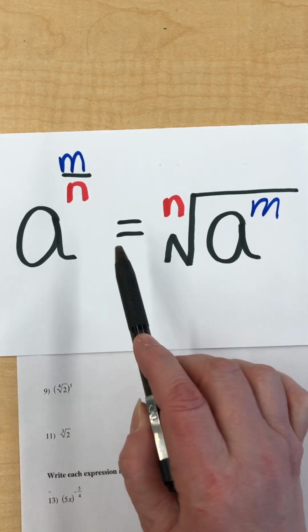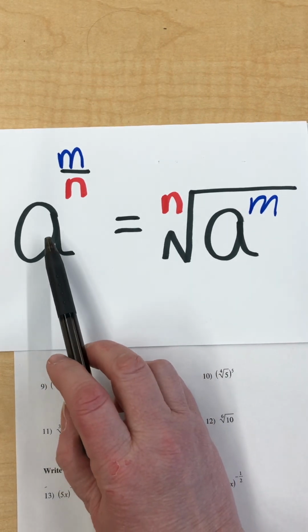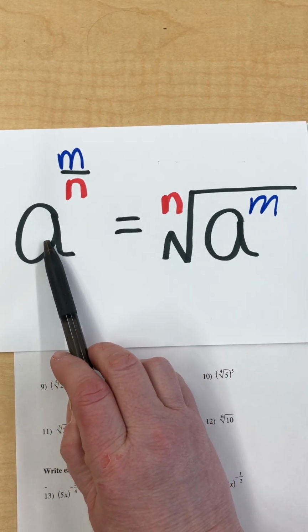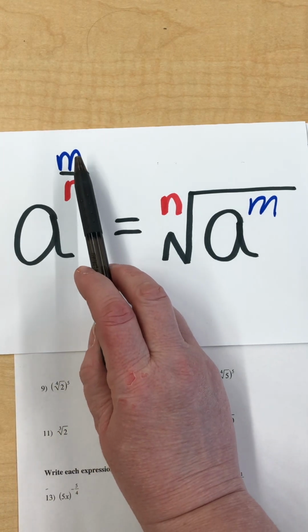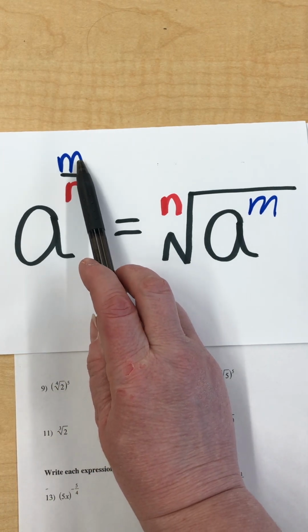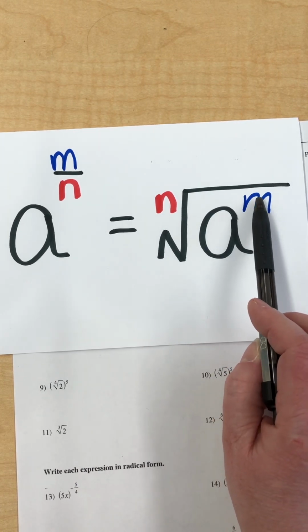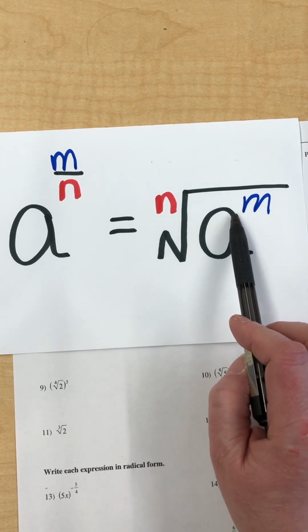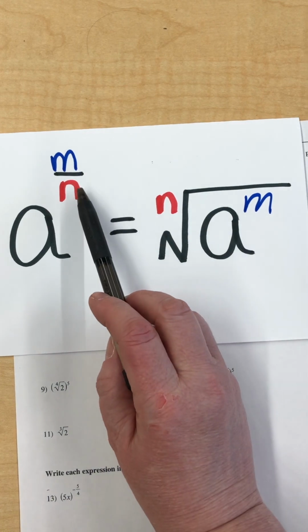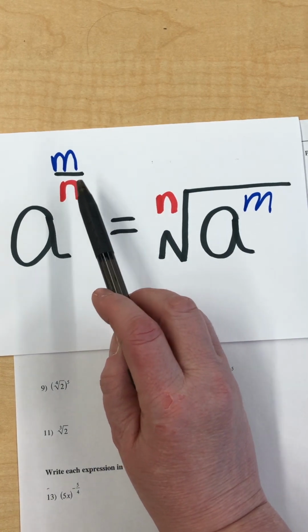Okay, so remember this. You have your base, and then your fraction: the numerator is the exponent that's inside the radical sign with your base, and the denominator, the n, is your root.